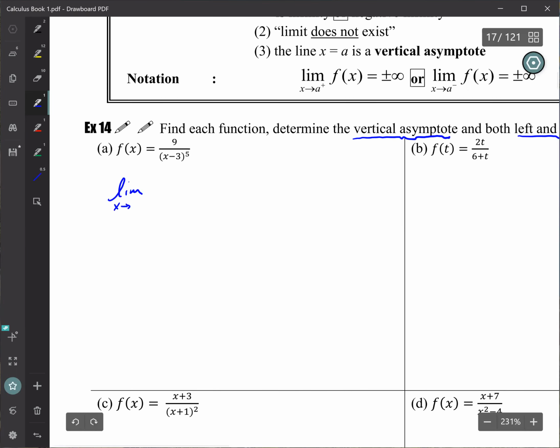You look at this function. It's a rational function, right? How do we normally find vertical asymptote? Carrie? Is it the bottom portion, like the denominator? Yeah, the denominator, what do we do?